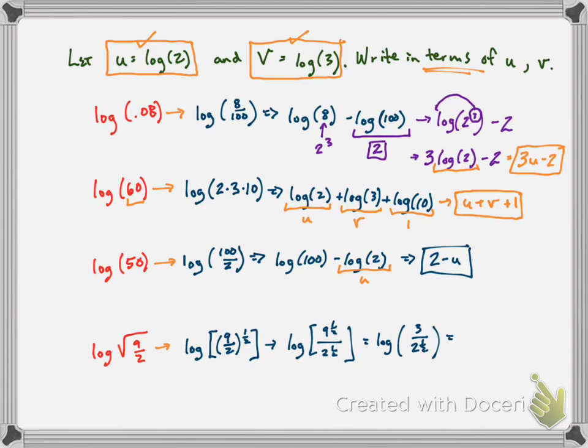Now we can expand. So I've got the log of 3, take away, I'm going to skip a step here, bear with me, take away 1/2 times the log of 2. Again, the log of 2 is u, the log of 3 is v, and so I could ultimately express this as v take away 1/2 u.